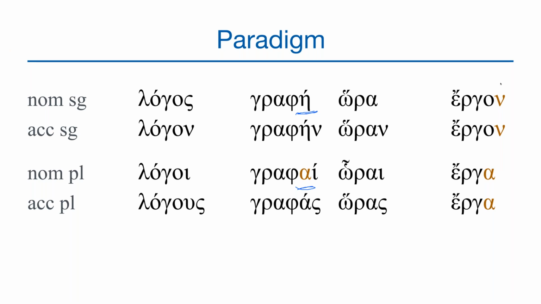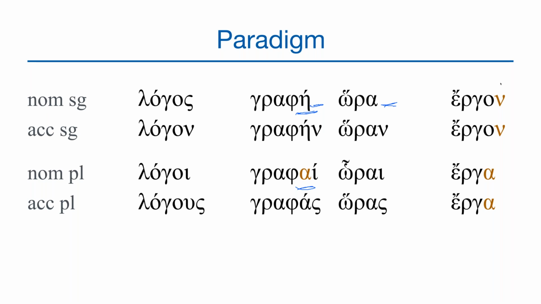All right. Next is hora, which is hour. Horan, which is hour, objective. Horai, which is hours, subject. Horas, which is hours, object. Okay. Once again, you notice that there is no case ending for graphe or for hora.